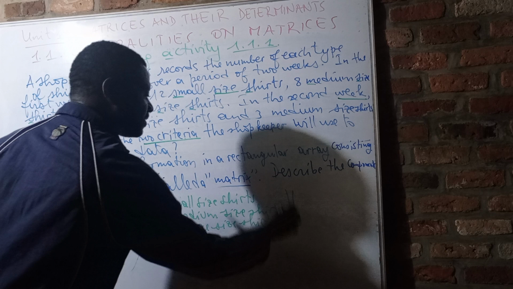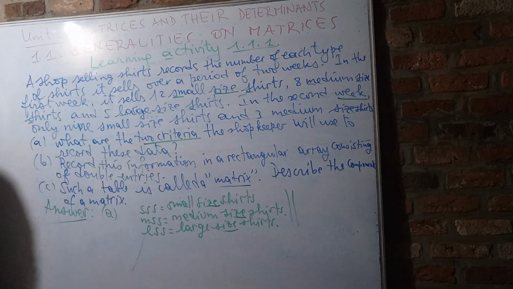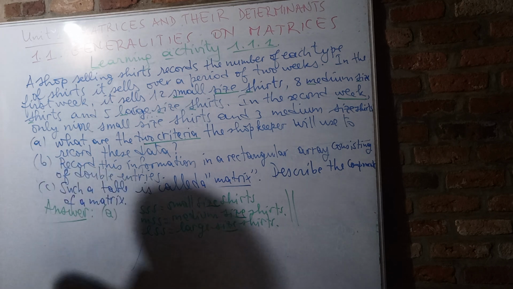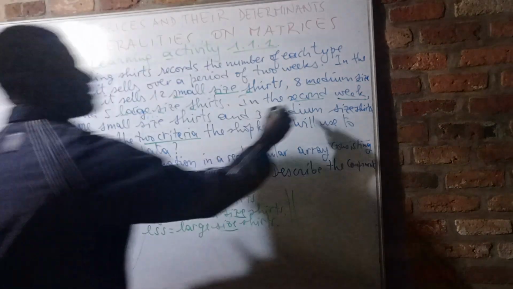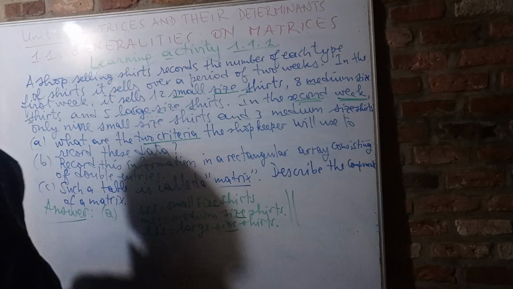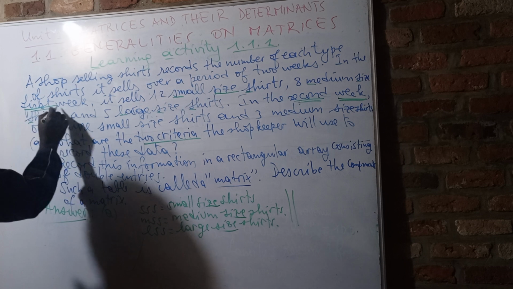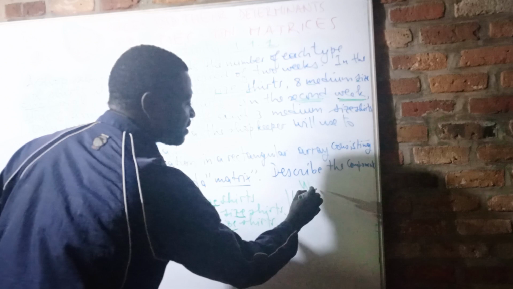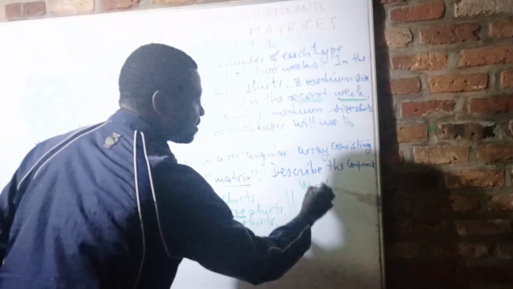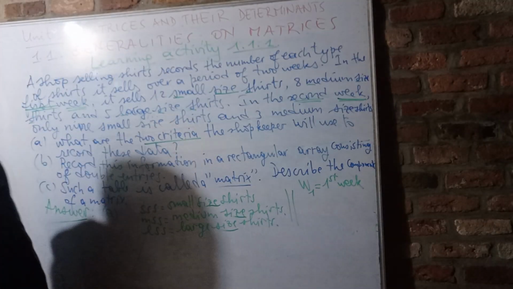Now, that was about the size, one criterion. The second criterion is the week. Eventually we must have the first week and the second week. Let us denote the first week by W1. I think it is clear.